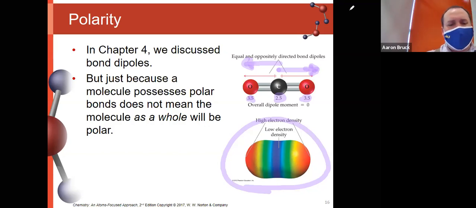So on an electron density map like this, what we would be looking for is an area that is distinctively red or orange and has lots of electron density, and an area that's distinctively blue and green and has less electron density. I should be able to separate the two very easily by drawing a line between them. And if I can't do that, then what I'm describing is something that is nonpolar.